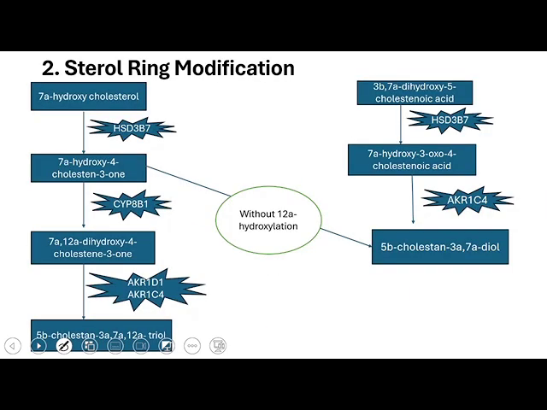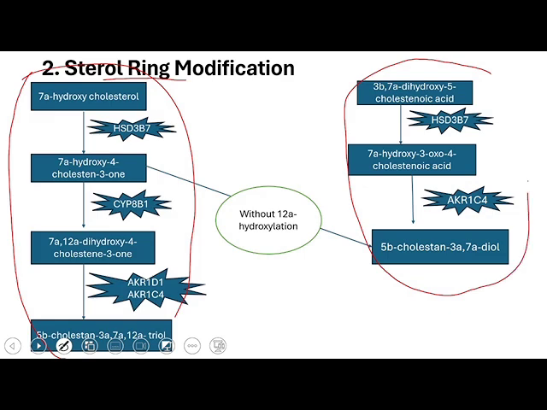Next we see the sterol ring modification. On the right side we discuss the classical pathway, and on the left side we will be discussing the alternative pathway.